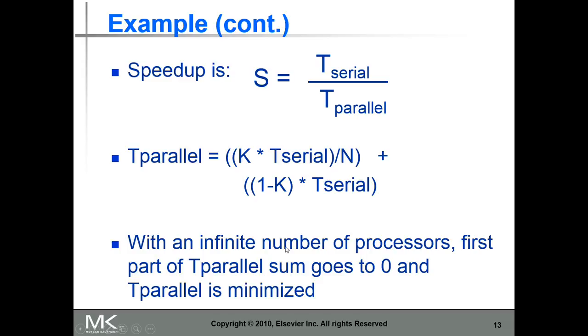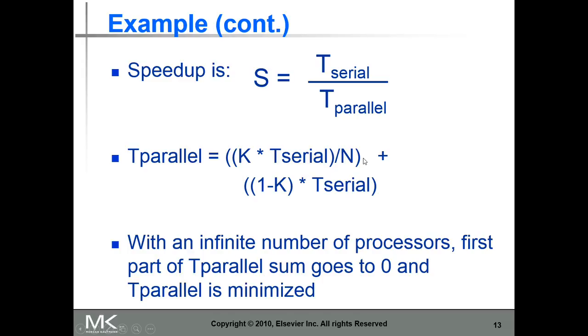With an infinite number of processors, so if n is infinitely large, then this component of T parallel goes away. T parallel is then minimized if this is gone, right? Because we've taken away a part of the sum.